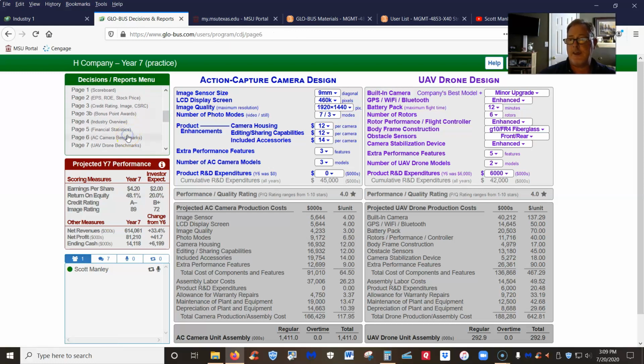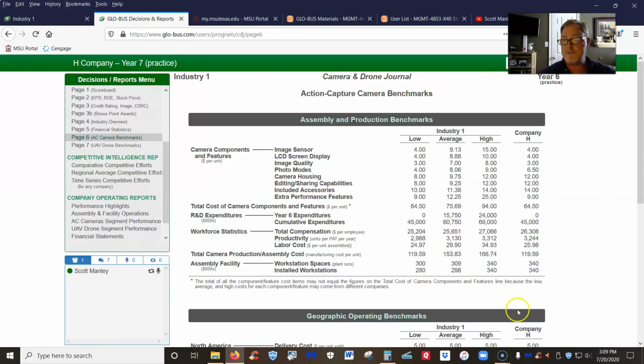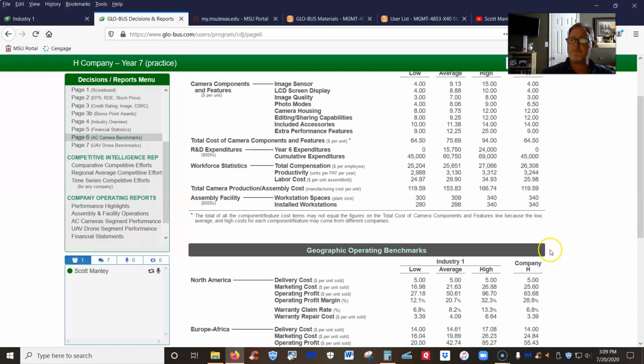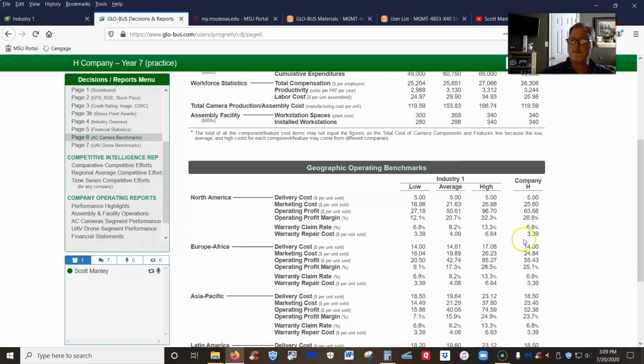I'll look at the action capture camera benchmarks to tell you the answer to that. If you'll look, you'll see that my total camera production and assembly cost per unit is $119.59. Okay, so yes, I'm the cost leader on the camera. While we're here, we'll also look at the operating profits.